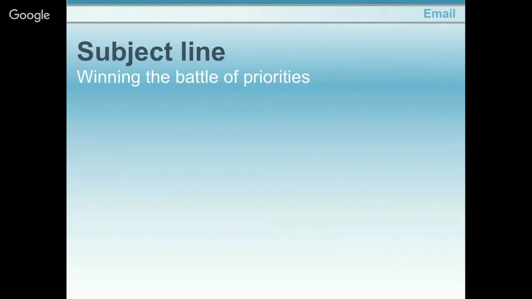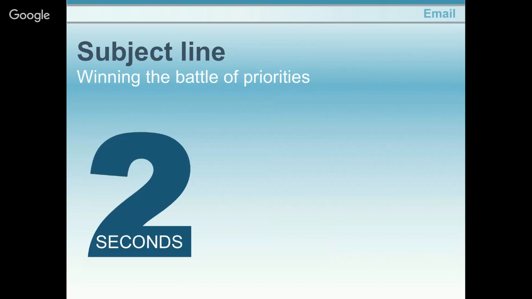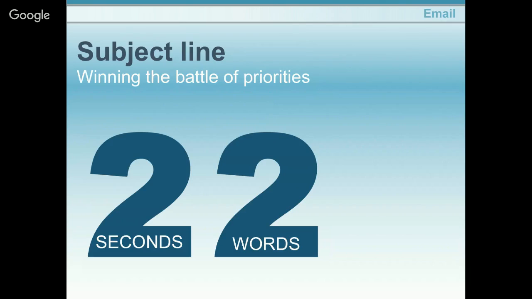So I talked about subject lines. Here's how to win the battle of priorities. It's 2-2-2. 2 seconds is all that you have to connect and engage with people that are interested in your content. So your content needs to be digestible. That subject line needs to be digestible inside of 2 seconds. There need to be at least 2 words that specifically relate to some sort of an action.